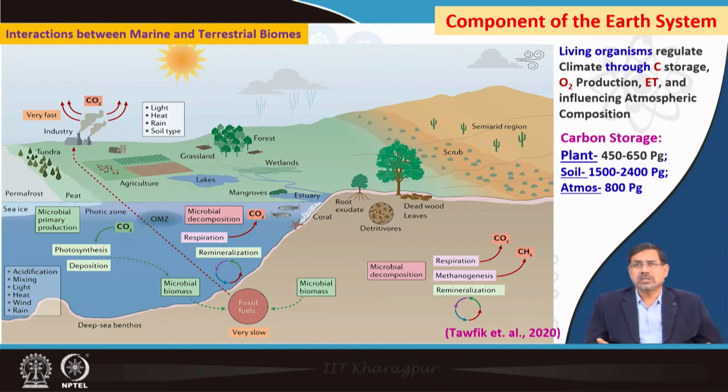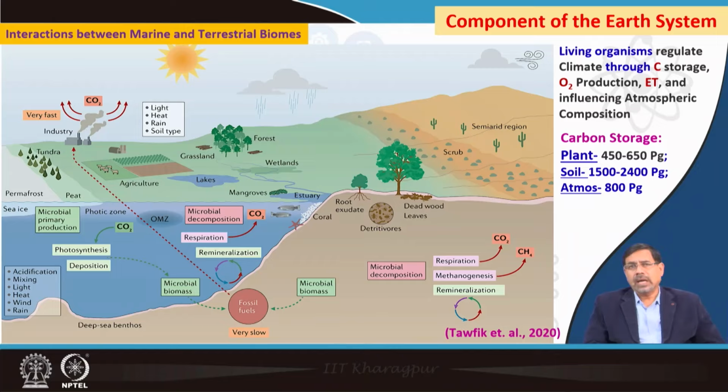Let us have a word with respect to carbon. Friends, there have been various budgets as far as carbon is concerned. The plants, the soil, and the atmosphere contain different amounts of carbon. The total amount of carbon is 10 to the power 23 grams.